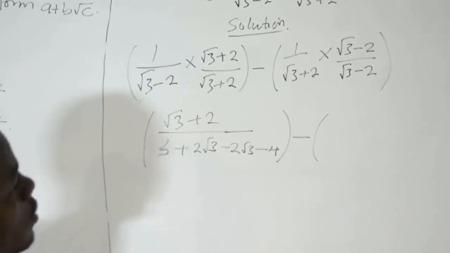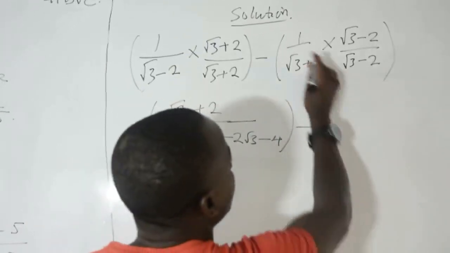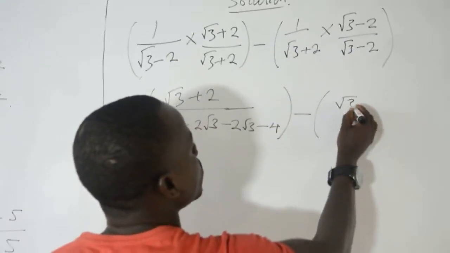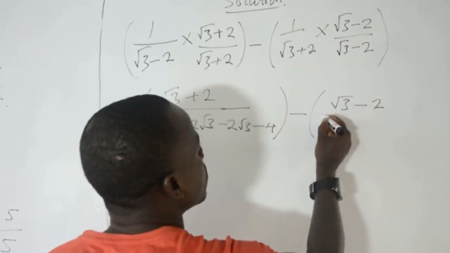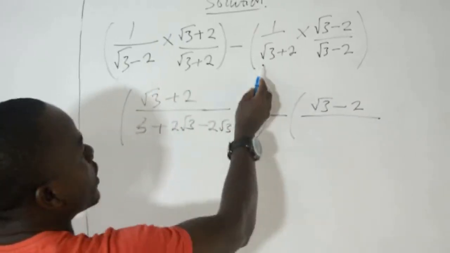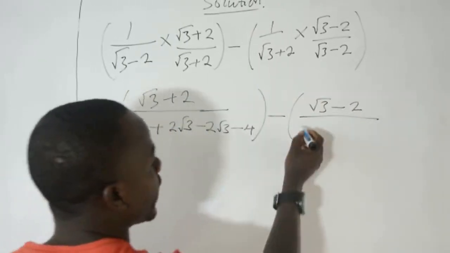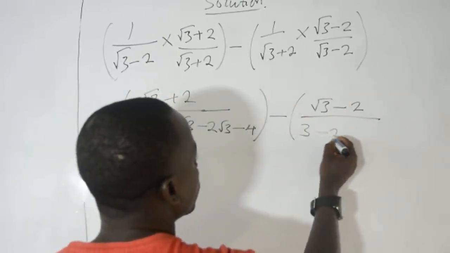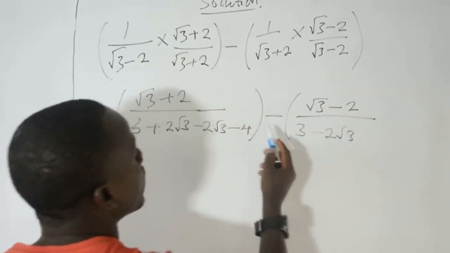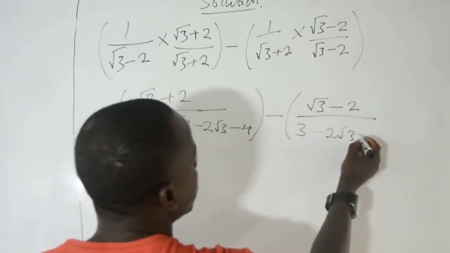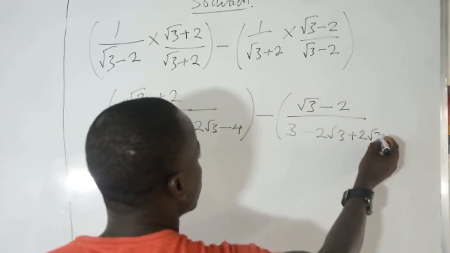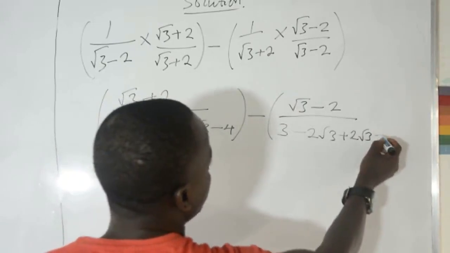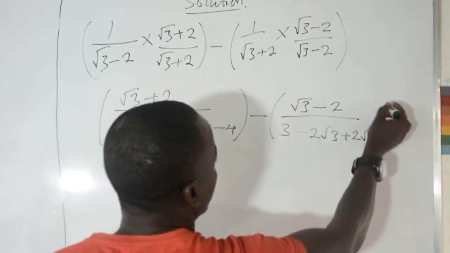Okay? So, this one too, 1 times root 3 minus 2 will give us root 3 minus 2 all over. Root 3 times root 3 is root 9, and root of 9 is 3. Root 3 times minus 2 will give us minus 2 root 3, and then 2 times root 3 will give us 2 root 3, and 2 times this will give us minus 4.